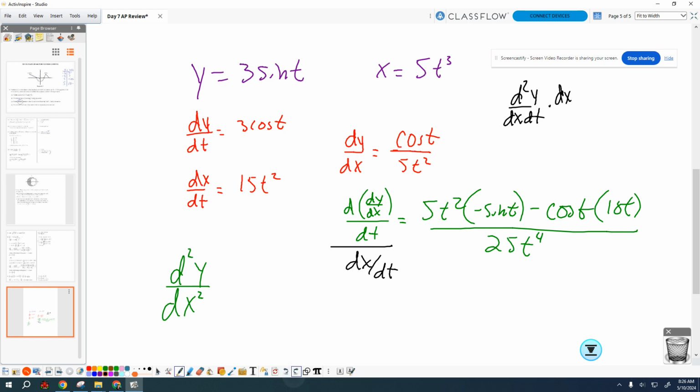So sorry. Double change of y over the double change of x. So this doesn't clean up a lot, but some 5s cancel out. But that's your double derivative, remember to divide by the dx dt again. Yay.